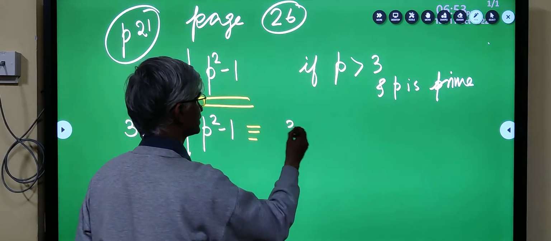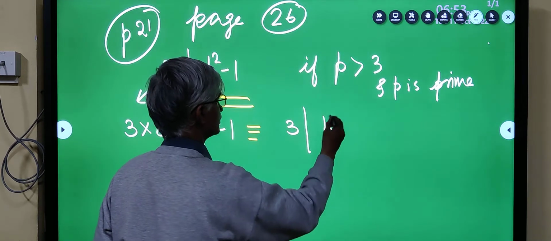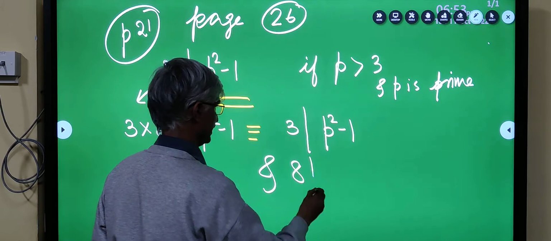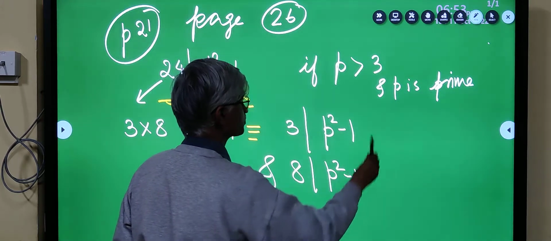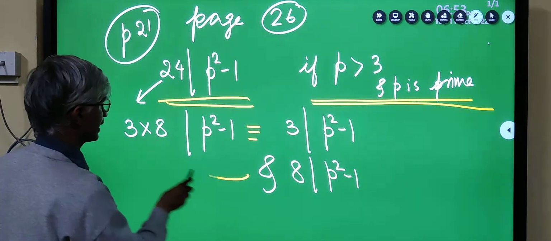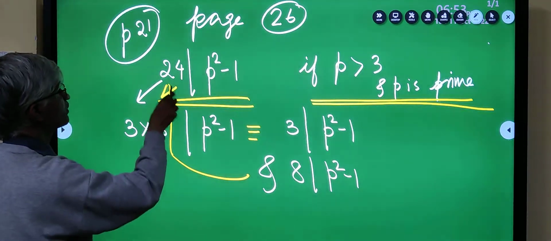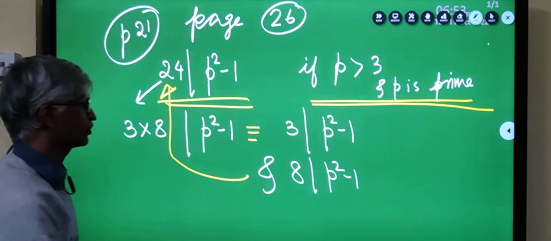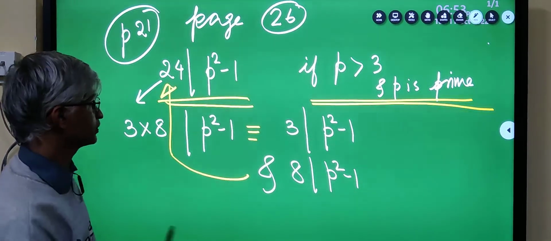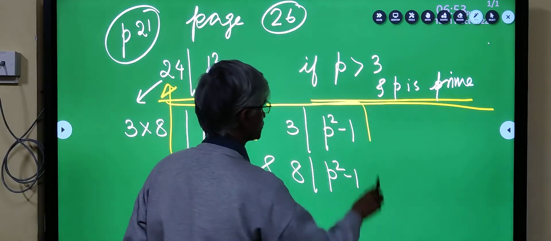First, I will prove that 3 divides p square minus 1, and I will also prove that 8 divides p square minus 1, provided of course this is true. And then that would conclude that 24 divides p square minus 1 because the GCD of 3 and 8 is 1. So these are the two new problems we have.